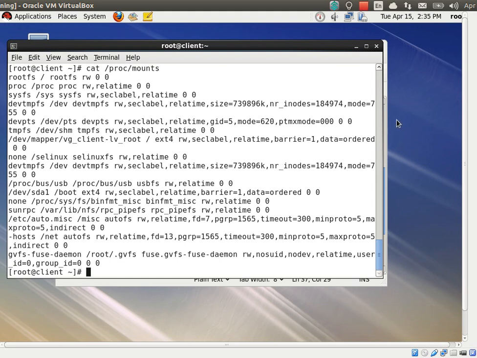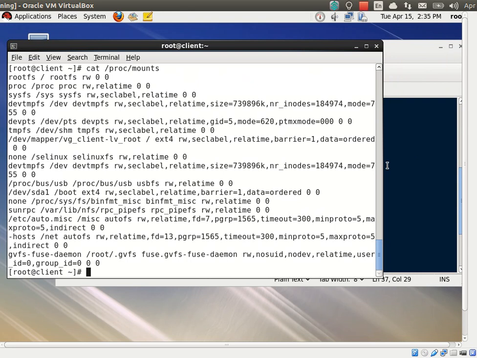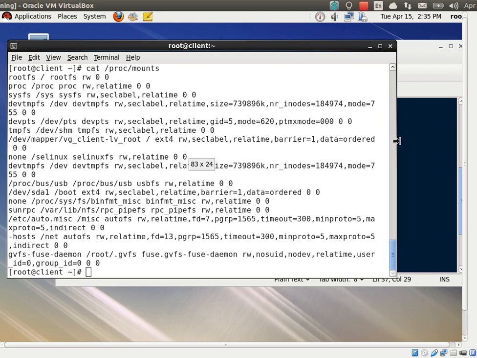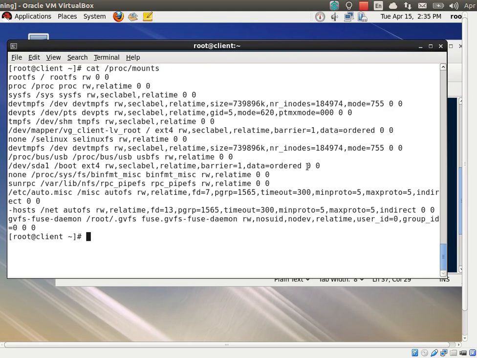Now you know it. Just a moment, friends. Let me increase the width for you. I'll do it again. See here, my root slash.